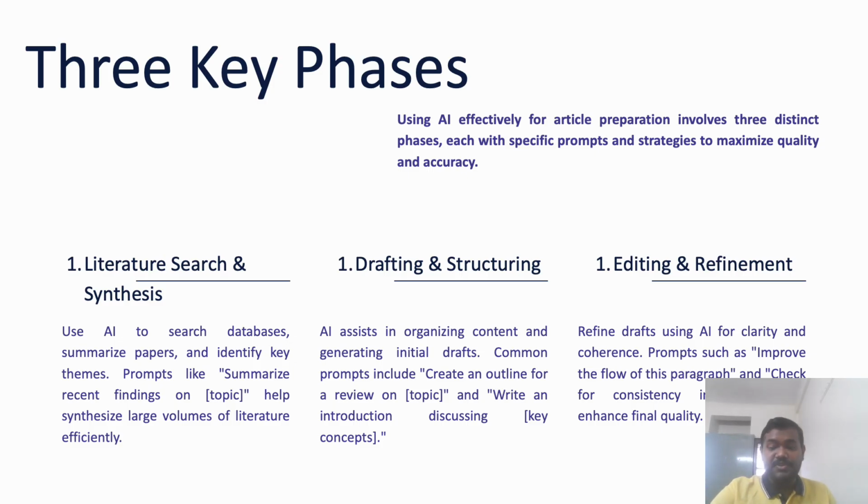Even experienced researchers rarely produce a perfect first draft. These AI tools can help us improve the sentence clarity, grammar, readability, and overall coherence. But you have to remember that editing should never be completely delegated to AI. The researcher must always review the final content to ensure scientific accuracy and consistency.